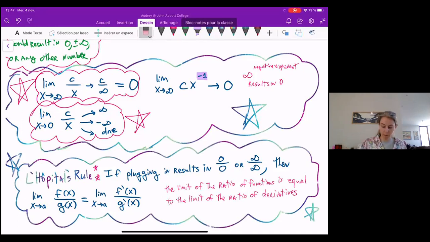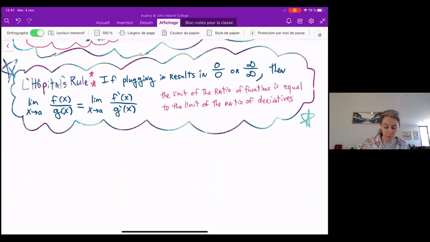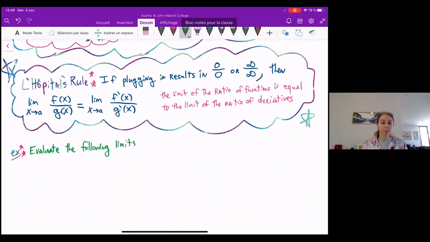Examples. Evaluate the following limits. And we're going to start off with a simple one. So the simple thing will be the limit as x approaches 0 of sine x over x.